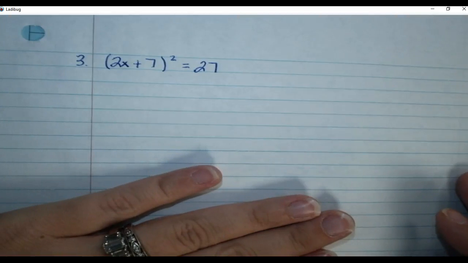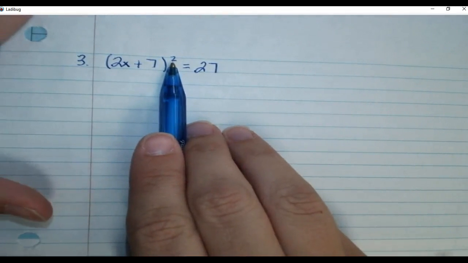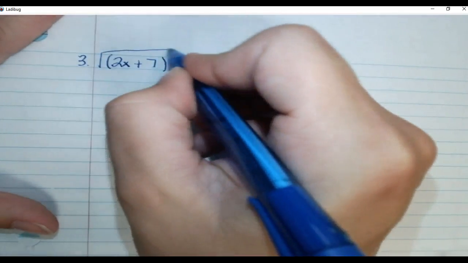Okay. So, is our parentheses squared by itself? Yes. So we don't have to move anything yet. The first thing we want to do is get rid of this squared. So square root both sides.